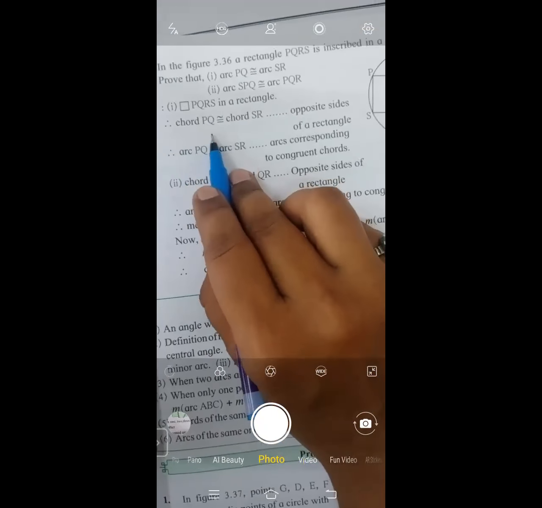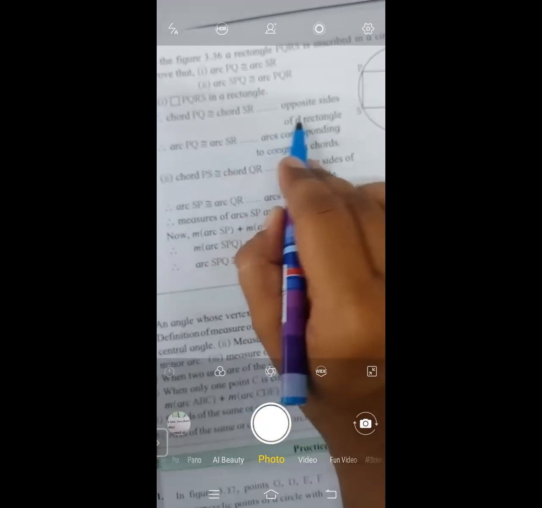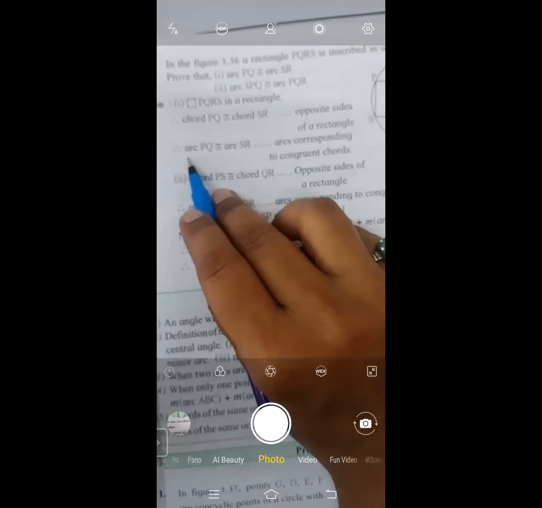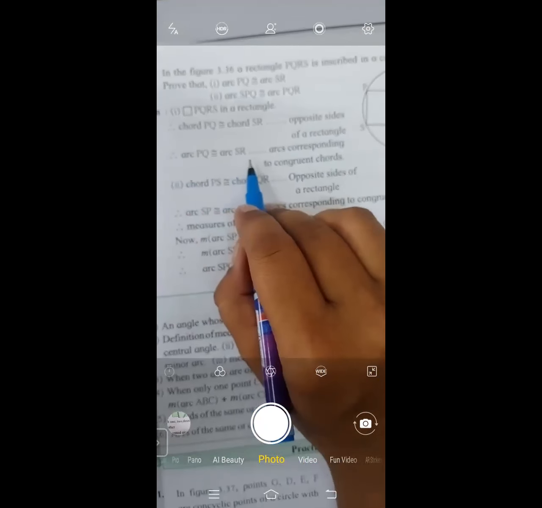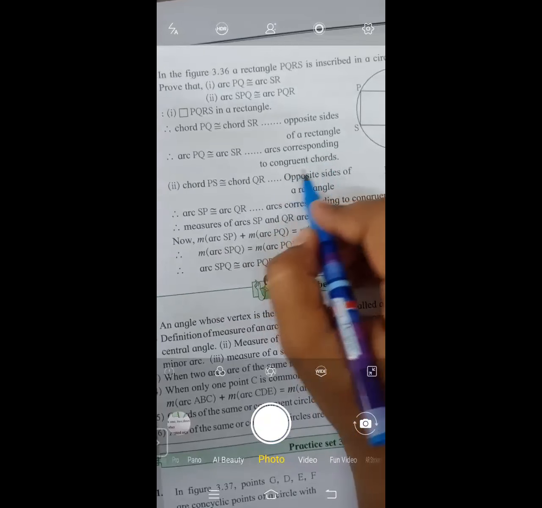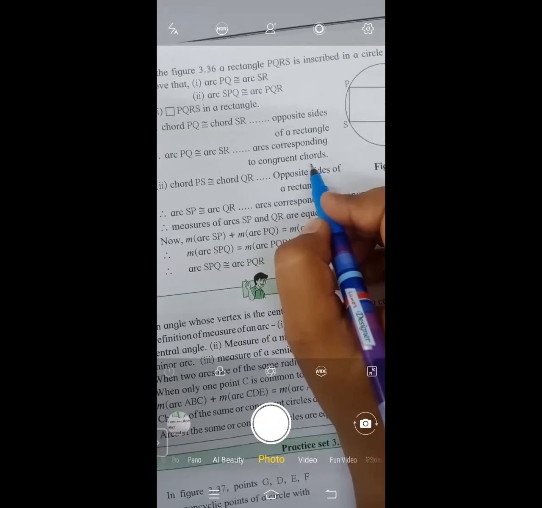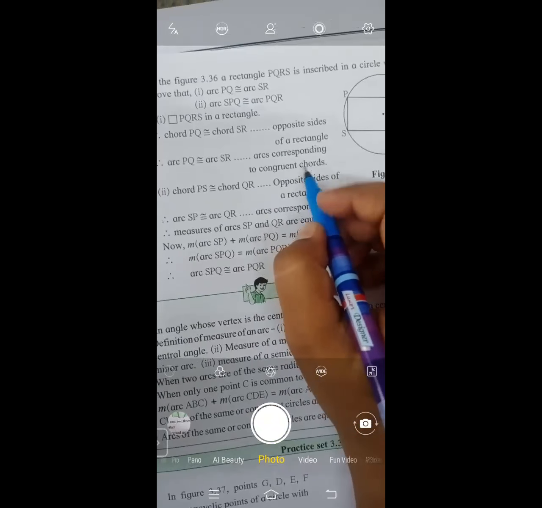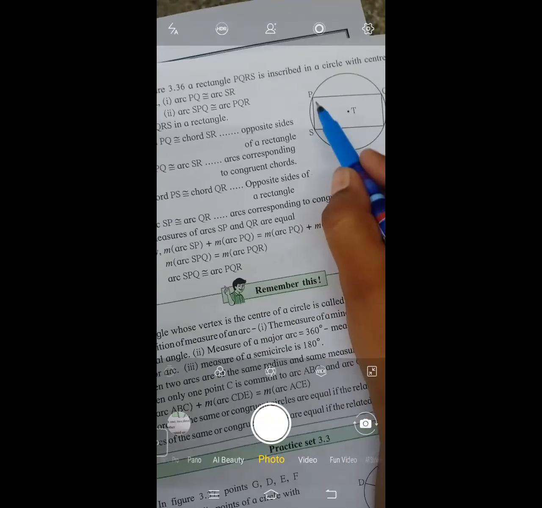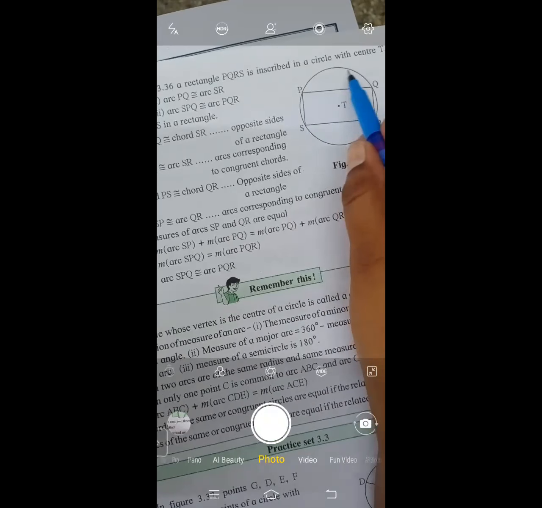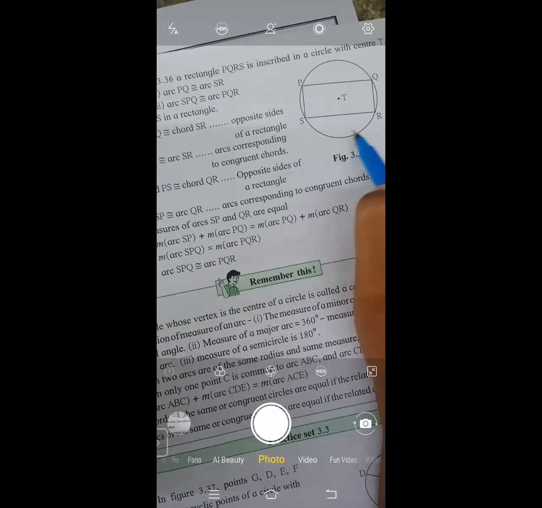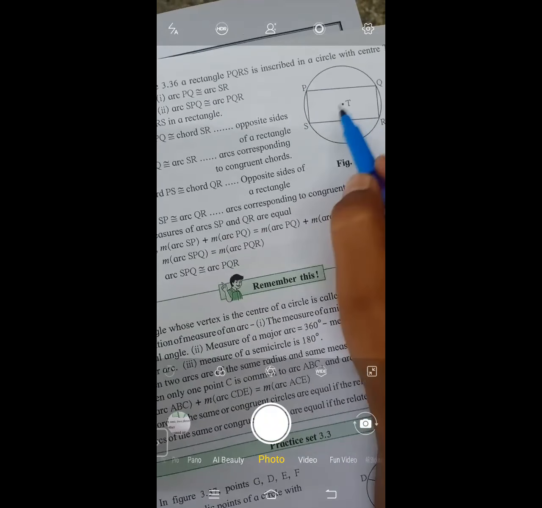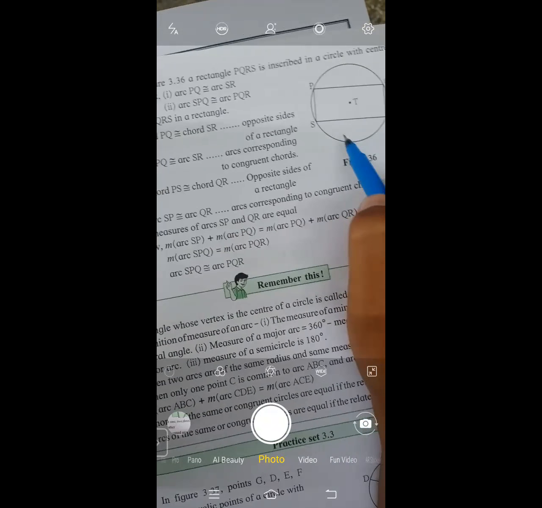So chord PQ is congruent to chord SR. Arc PQ is congruent to arc SR, arcs corresponding to congruent chords. Now the arcs PQ and SR also became congruent. As the chords are congruent, the corresponding arcs to the chords also become congruent.